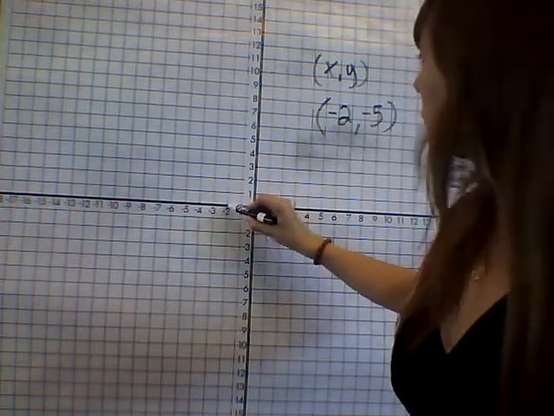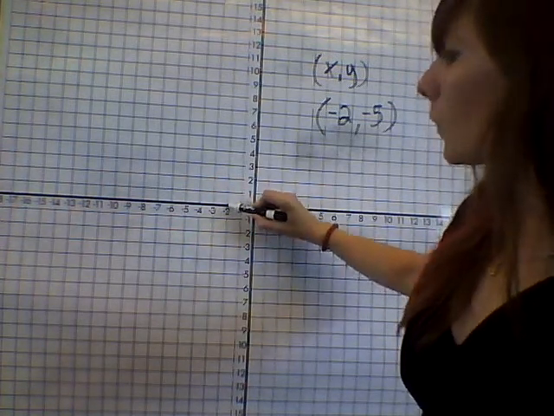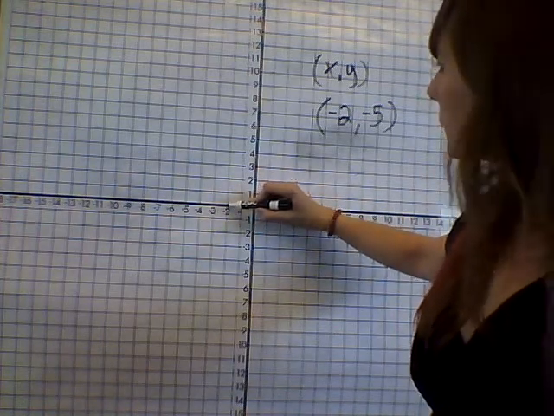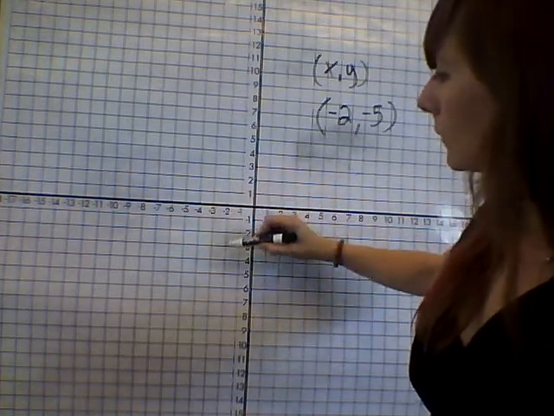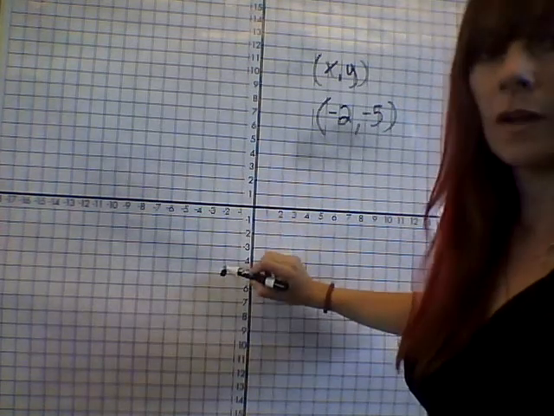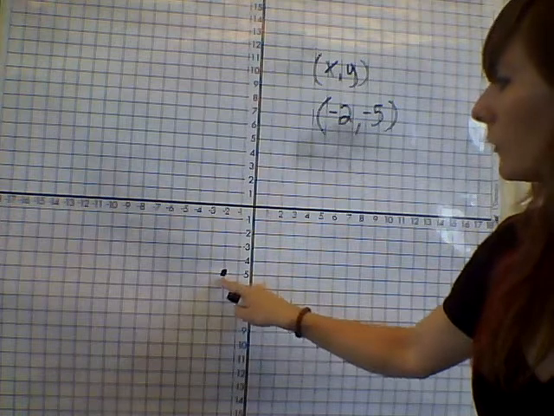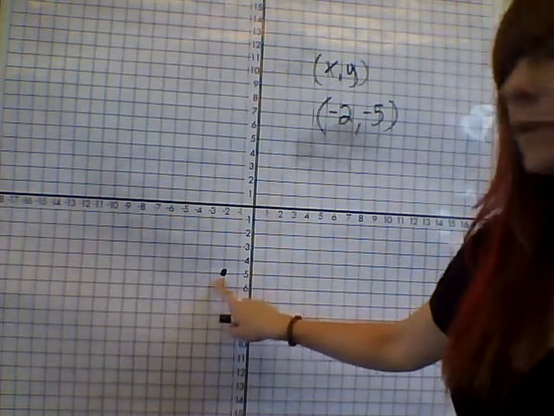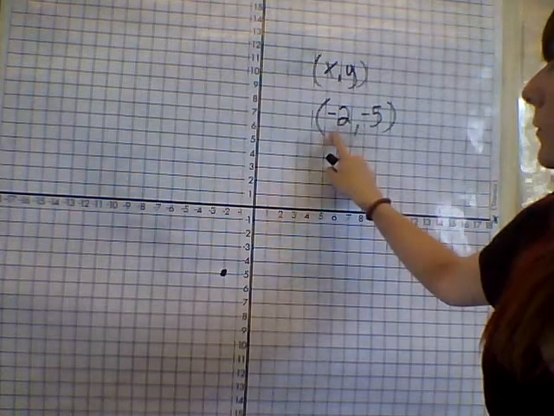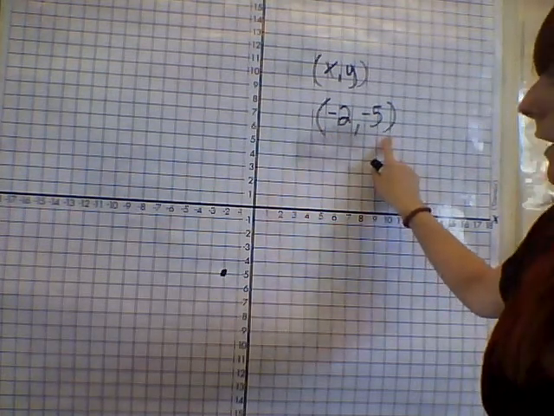So the -2 is right here. And then on the y-axis, I'm going to go down when I get into the negative. So it's a -5 on the y. So I'm going to go down to -5, and I'm still at the -2 on the x. Now I've graphed that ordered pair. There's the coordinate, -2, -5. And it's always written x and then y.